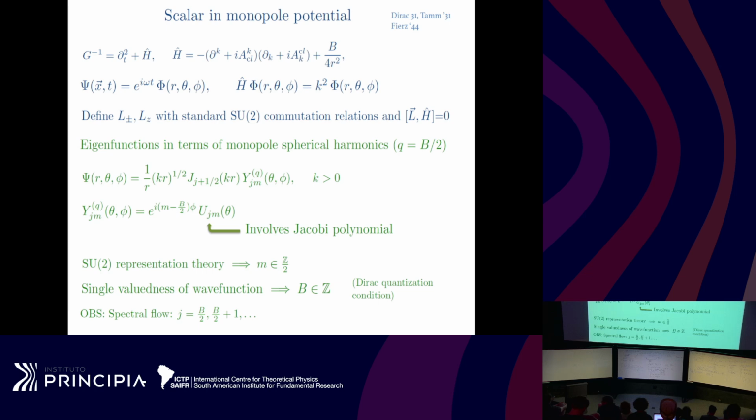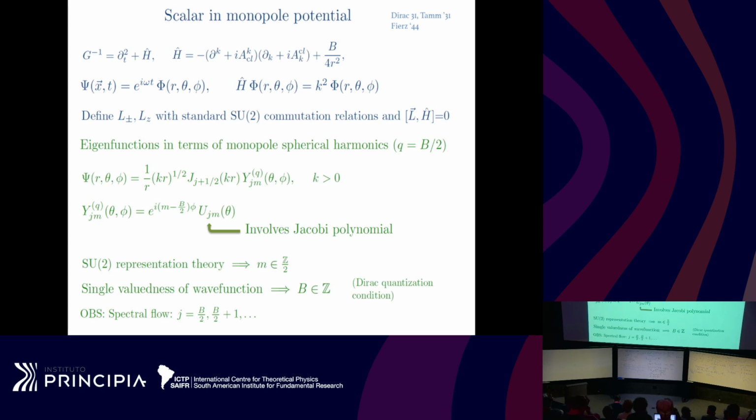You see it has a flavor of a particle in a central potential, so we solve it by the standard method of separation of variables. So we factor out the time dependence, and then we're left with some angular momentum problem. And for that problem, one can introduce standard angular momentum operators with standard SU(2) commutation relations, which commute with the Hamiltonian. And then we also know from SU(2) representation theory how to write down the eigenfunctions.